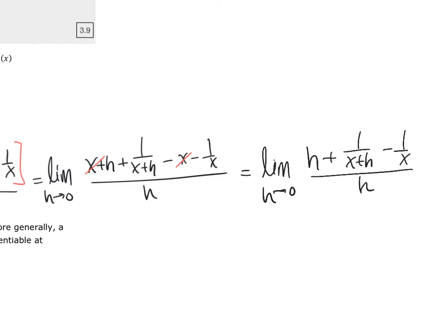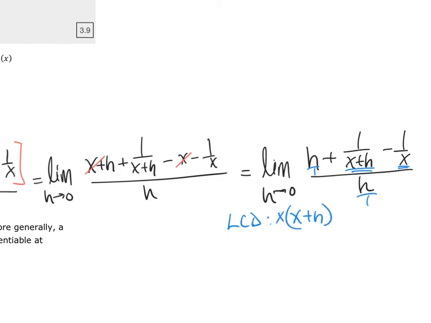Are there any questions? Okay. I have a complex fraction. I have a fraction with a fraction, which means I'm going to multiply everything by my lowest common denominator. So I'm going to look at every single term in there. This first one is over 1, so that brings me nothing. This one is over x plus h. This one is over x.